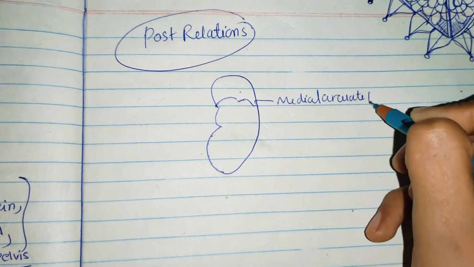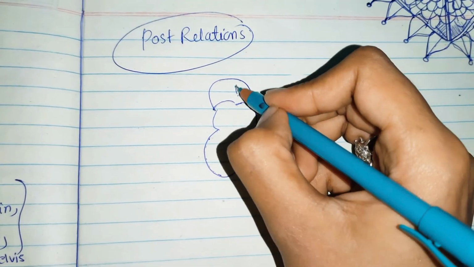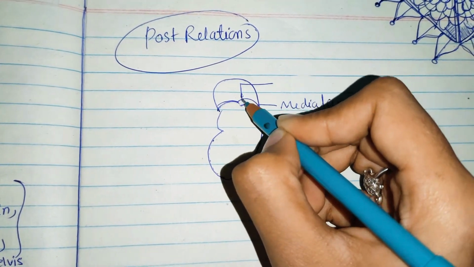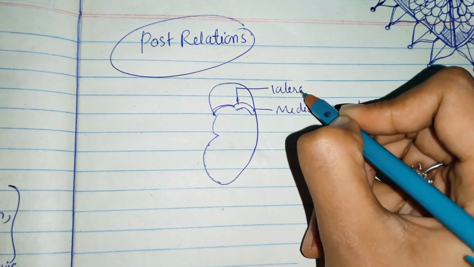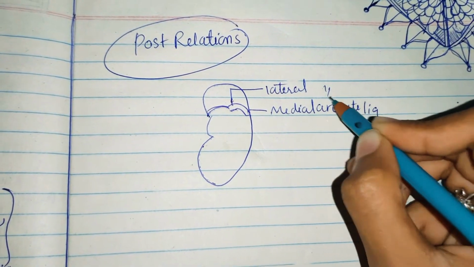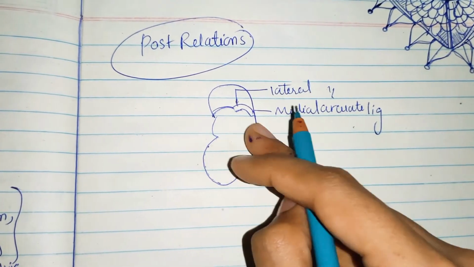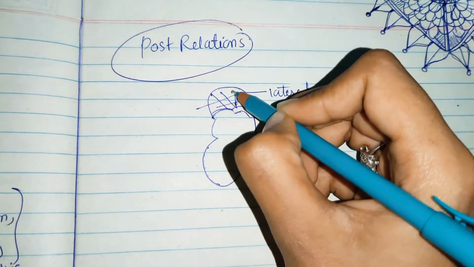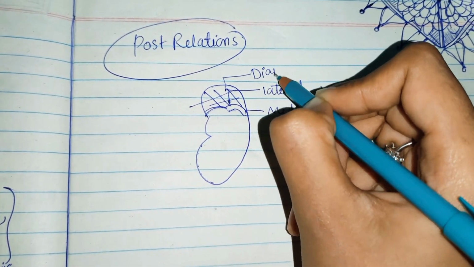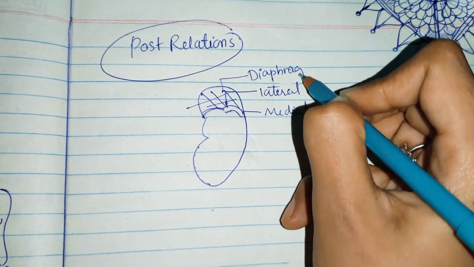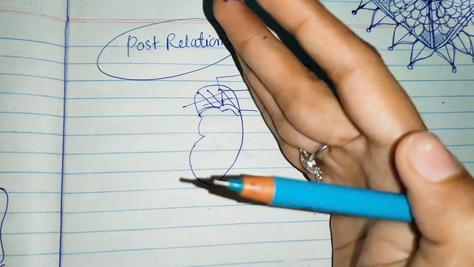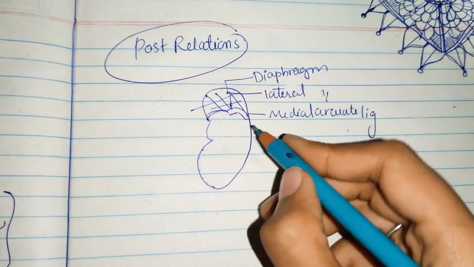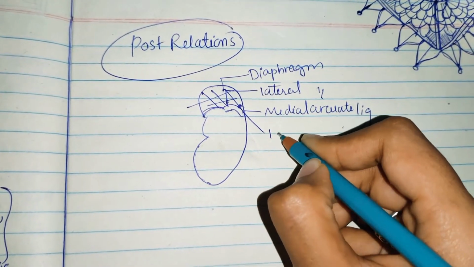Okay, first you should draw medial arcuate ligament, and this is a lateral arcuate ligament. Okay, same lateral arcuate ligament, medial arcuate ligament, and here you will have your diaphragm. So of course on posterior side of kidney you will have diaphragm and you will have your lateral and medial arcuate ligaments, and this is the site for 12th rib.